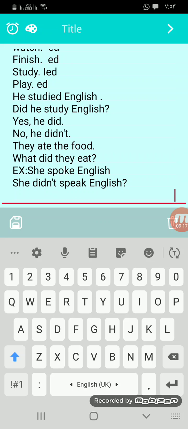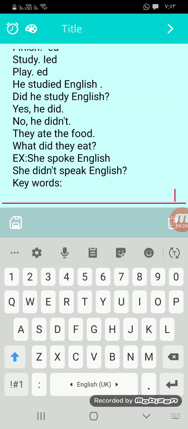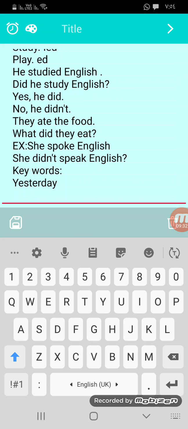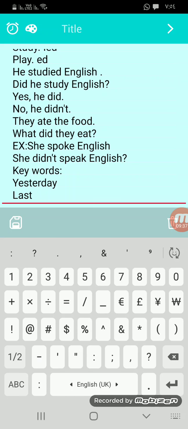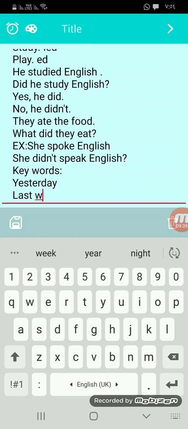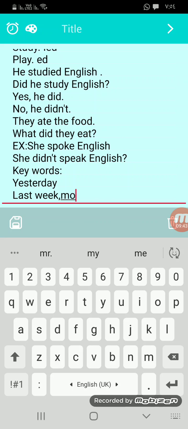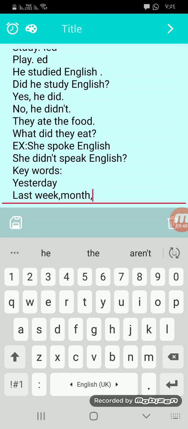Now we have some keywords that come with the past simple. Keywords, like yesterday, last week, or last month, or last year.